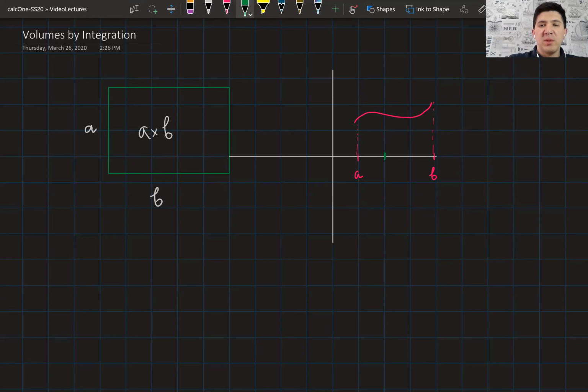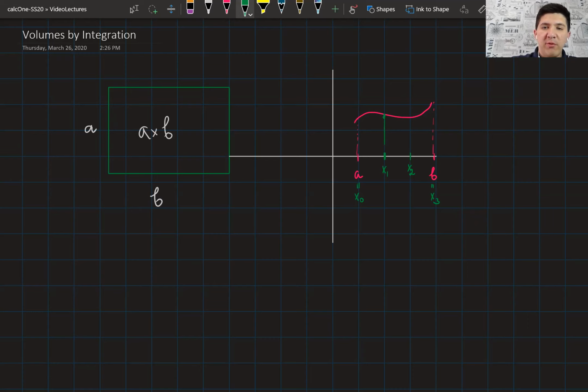For example, this is going to be our x0 point, this is x1, x2, and this is our x3 point. Then the area under this function is split into three small rectangles, and we can find those areas by multiplying the height by the width, right?